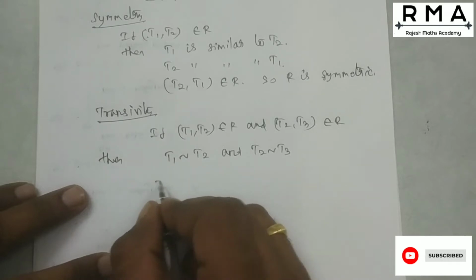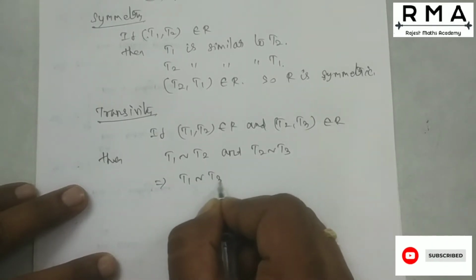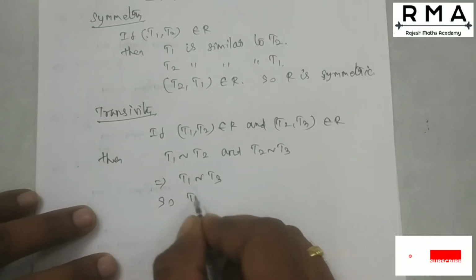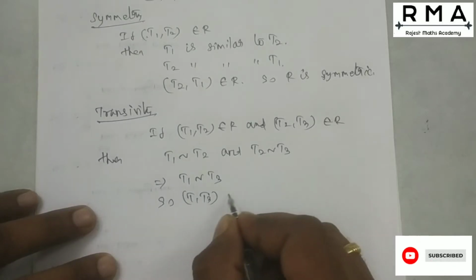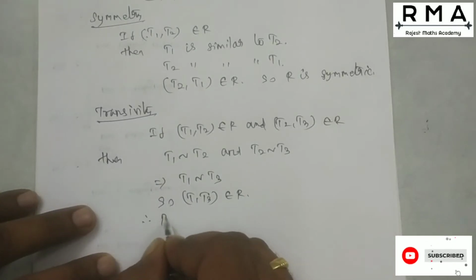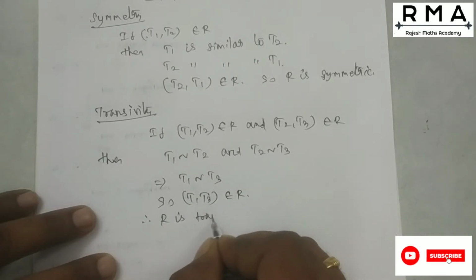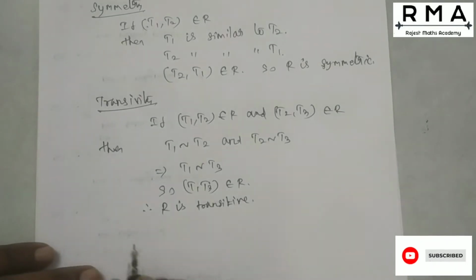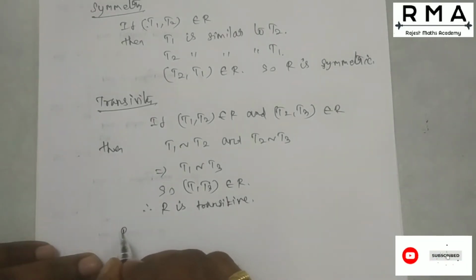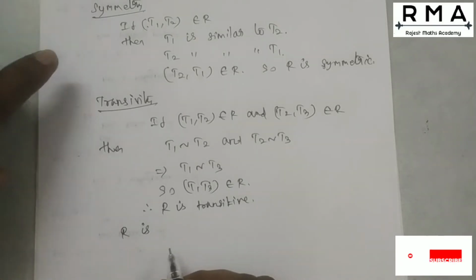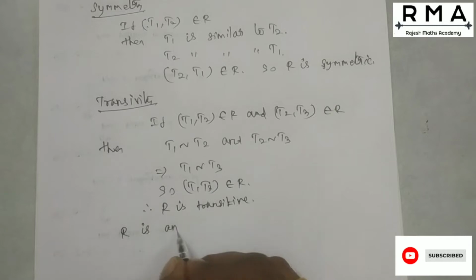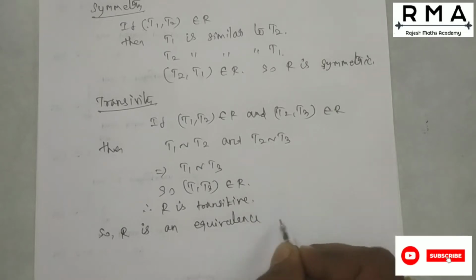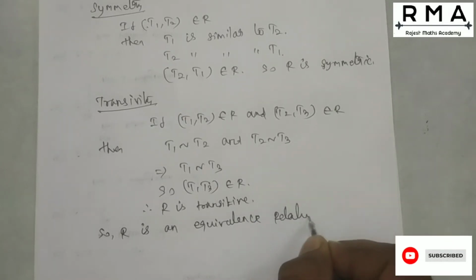So this implies T1 is similar to T3, so (T1, T3) belongs to R. Therefore R is transitive. Since R is reflexive, symmetric and transitive, R is an equivalence relation.